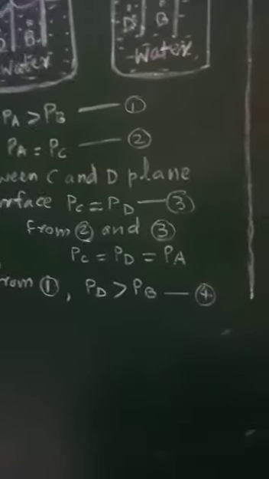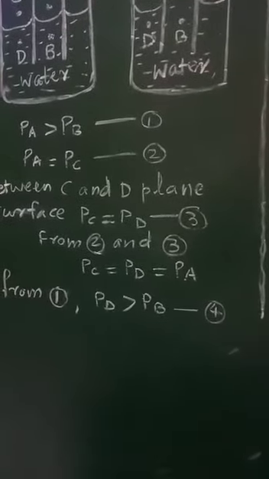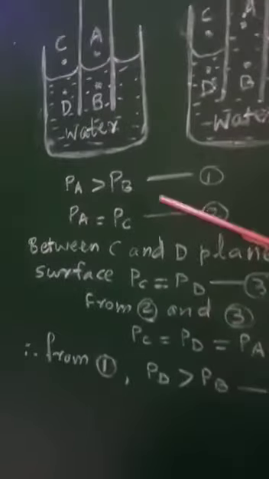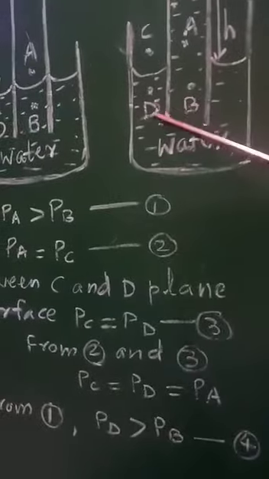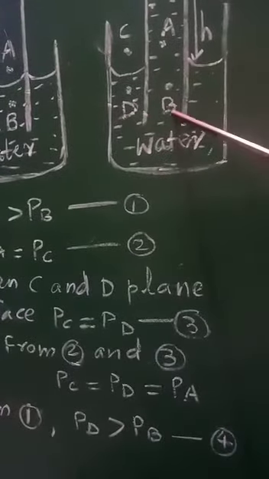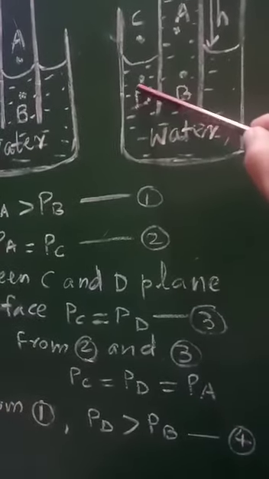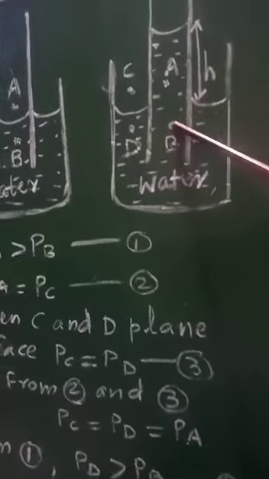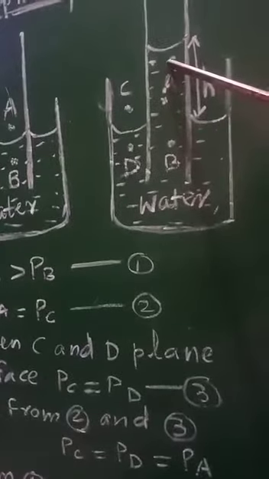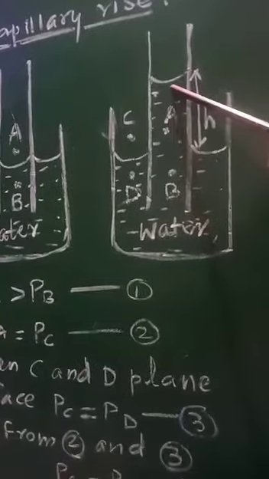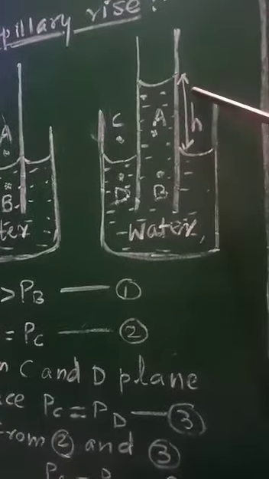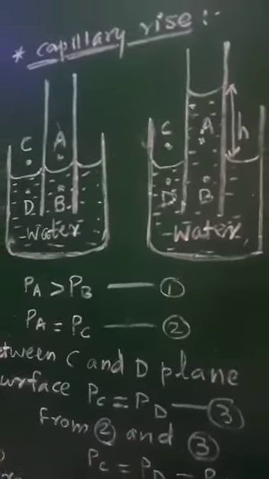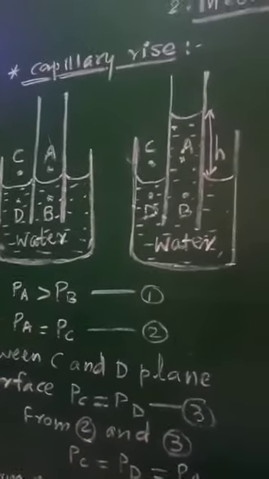As pressure at point D is greater than pressure at point B, therefore liquid will flow inside the capillary, and therefore there will be rise of liquid level inside the capillary through some height h. So this will be the capillary rise.